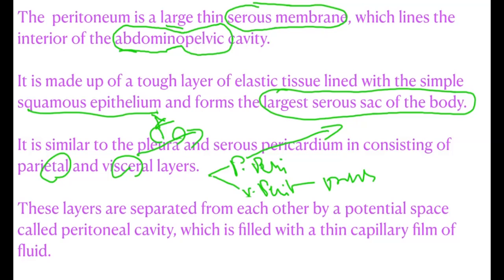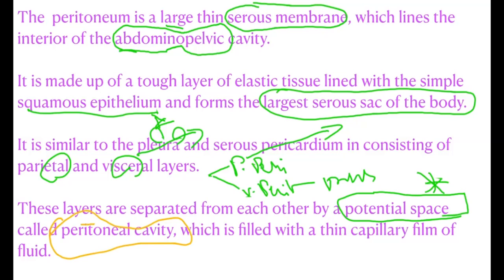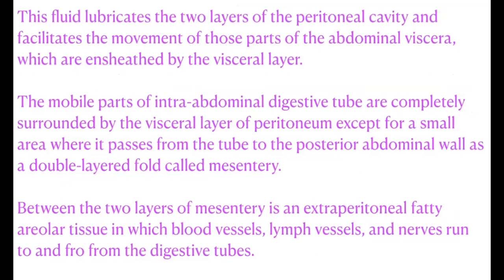These layers are separated from each other by a potential space called the peritoneal cavity, which is filled with a capillary film of fluid, the peritoneal fluid. This peritoneal fluid lubricates these two layers and facilitates the movement of those parts of the abdominal viscera which are unsheathed by the visceral layer.